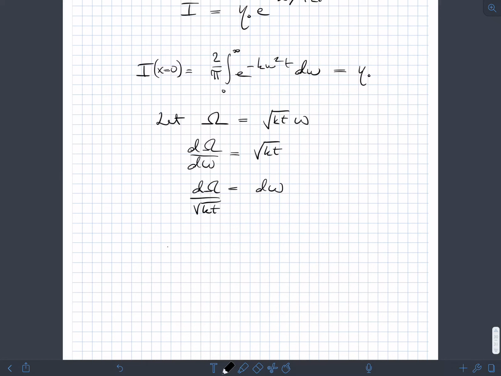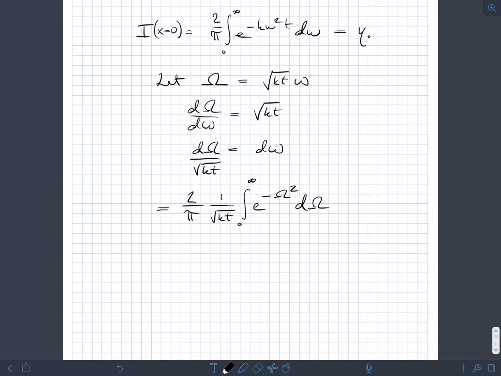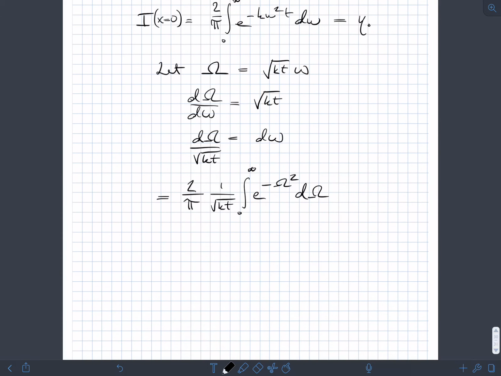Okay. So now I have 2 pi over, and also I have 1 over root kt, and I have 0 to infinity, and then I have e to the negative capital omega squared d capital omega. Cool. If I integrate a Gaussian e to the negative t squared, I'm going to get root pi.